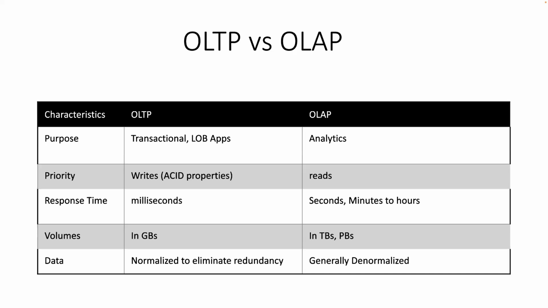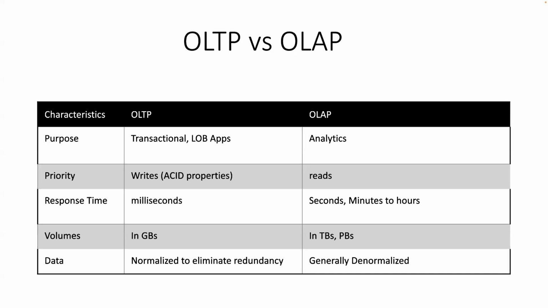Your applications are using this. And the OLAP type of queries that she was running is more for analytics purposes. The priority in an OLTP system is writes, because the type of request coming in is very different from an OLAP system.